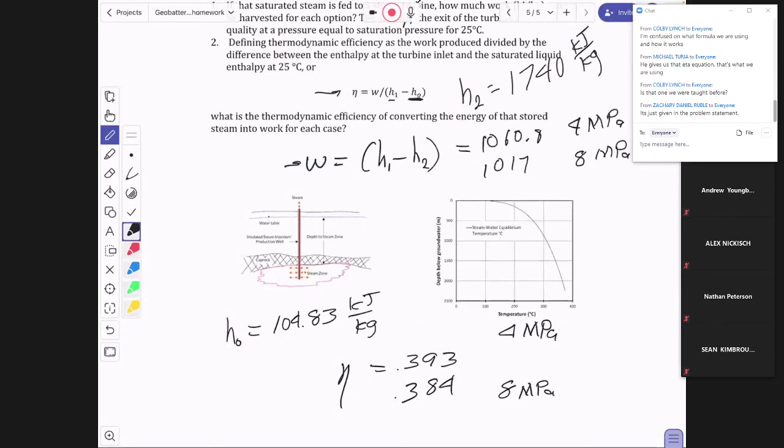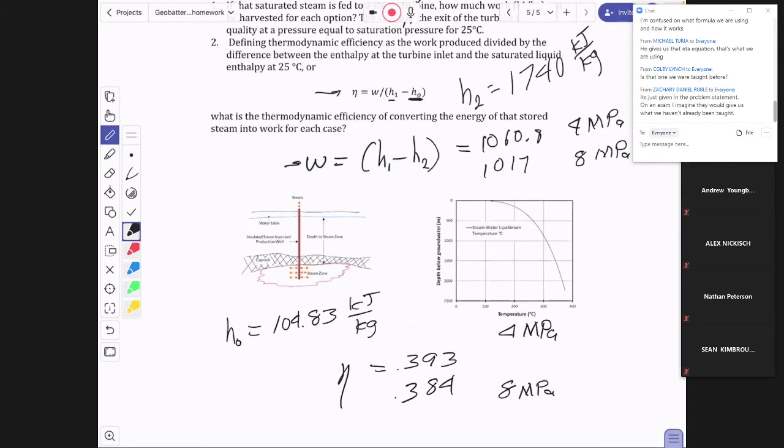The temperature at 8 megapascal is 295.01, close to 300. Okay, you see it? Yeah, thank you. Any other questions on this?